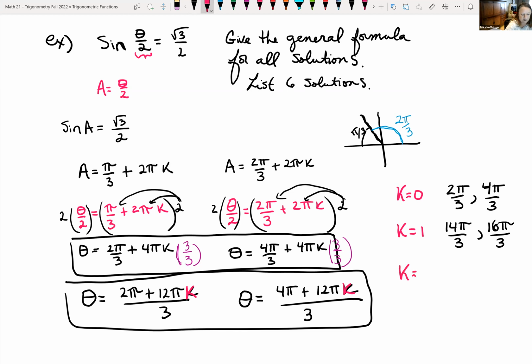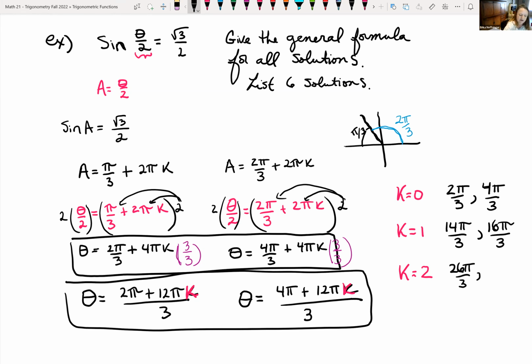And it didn't tell me what range they wanted it in, so I could choose any value for k that is an integer and do this. But I'm just going to do positive ones. So if I put in 2 there for k, well, that gives me 2 times 12 pi is 24 pi. 24 pi plus that 2 pi, so that would be 26 pi thirds.